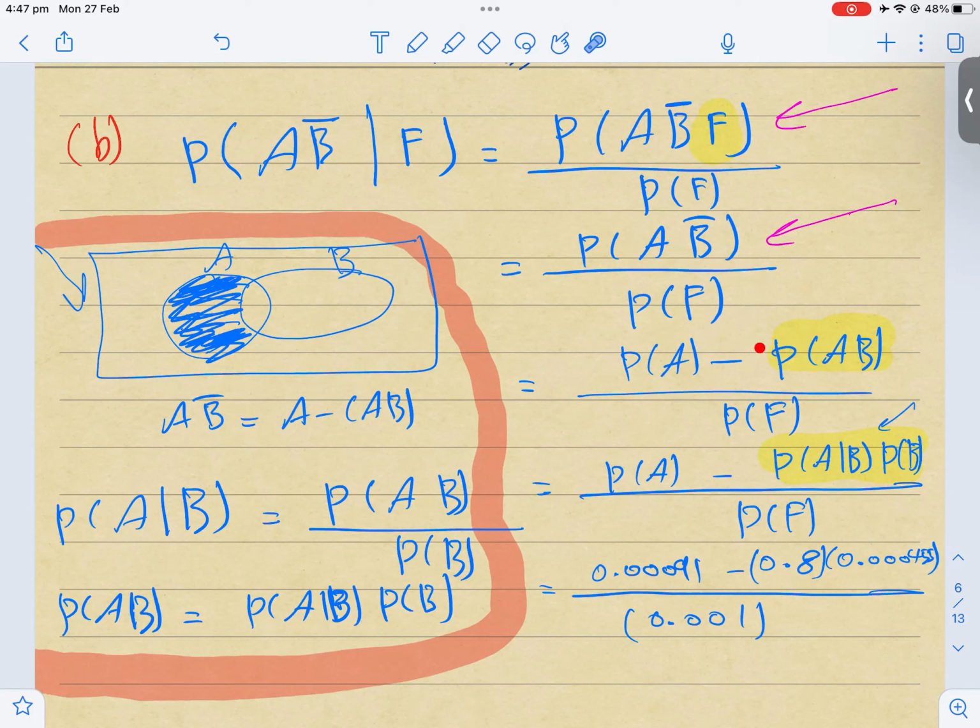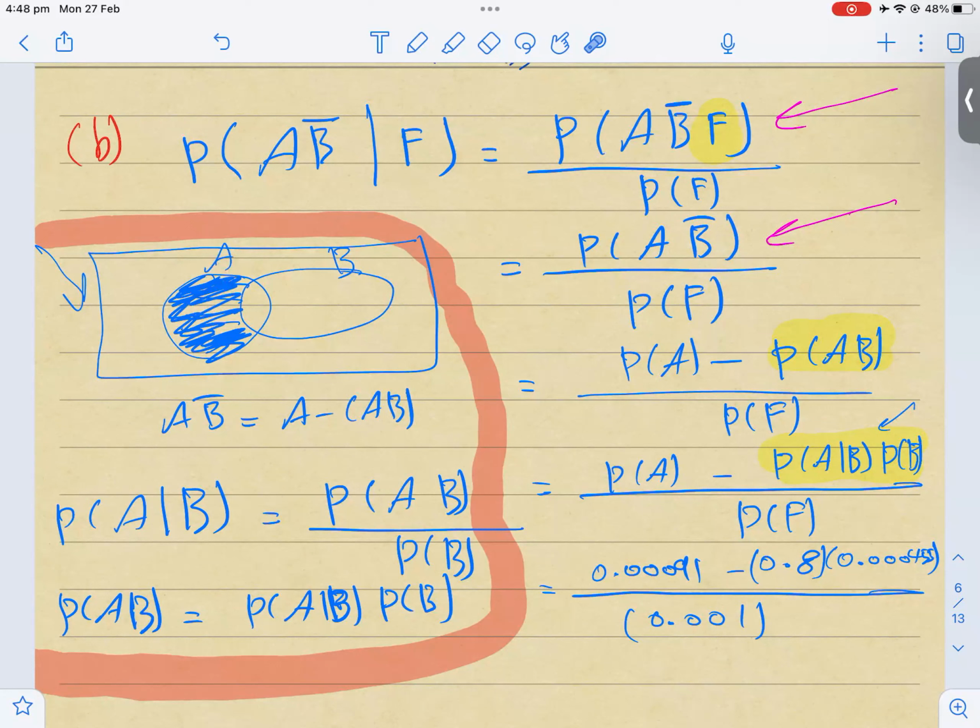Okay, the answer is what I have prepared for you here on the left. Look at this one. You see the probability A, B bar. It means A intersection with B complement. A is given here.